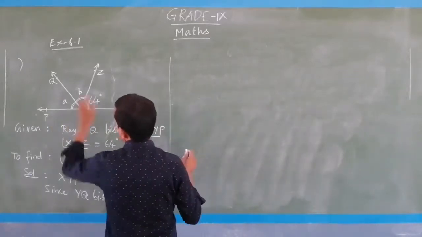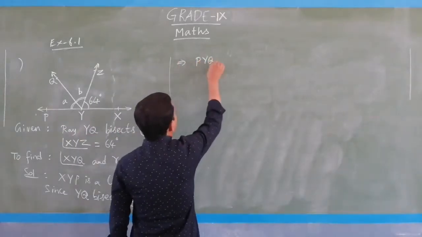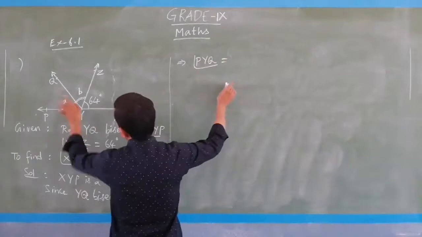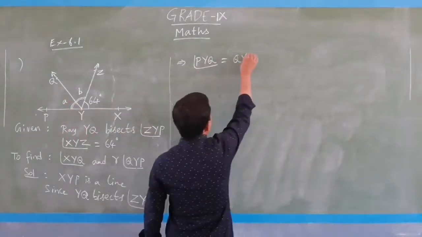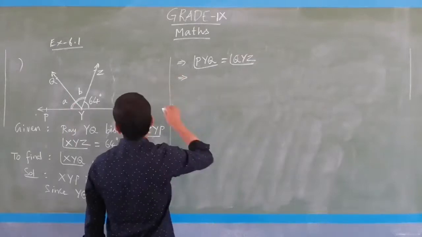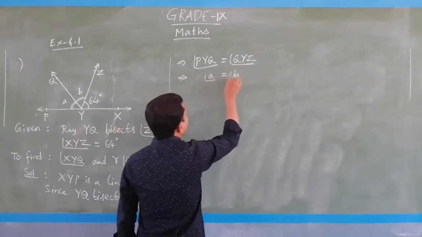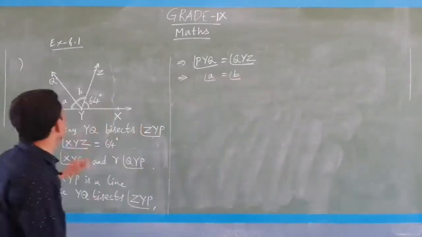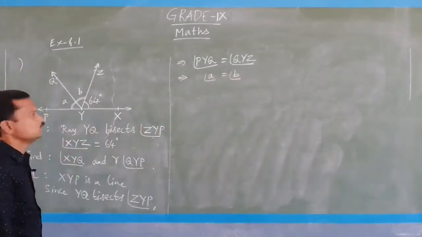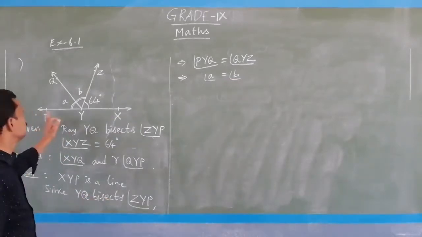PYQ is equal to QYZ. I am considering PYQ as small a and small b, so angle A, angle B. For our better understanding, you put small a and small b; they are equal because it is given that YQ bisects this angle ZYP. Clear?